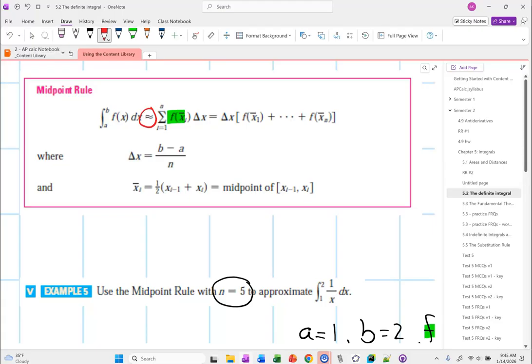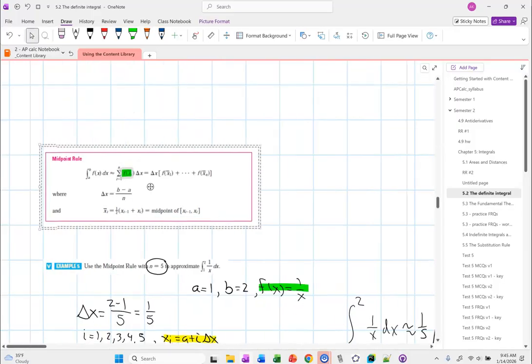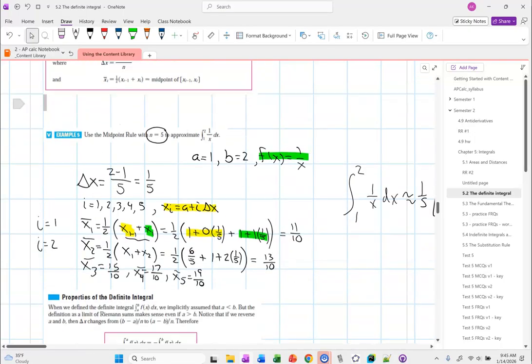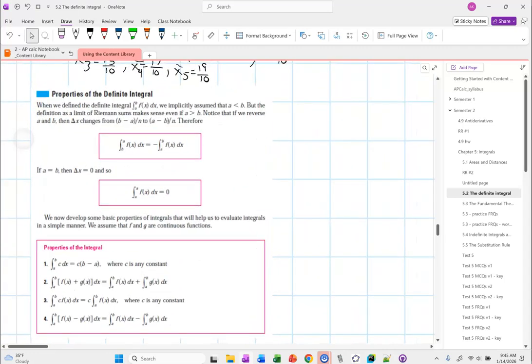If I want exactly the area, then you take the limit as n goes to infinity; we need infinitely many rectangles to get exactly the value. So if it says estimate, or approximate, or about, you're just doing a Riemann sum, right? Finitely many rectangles. Okay.